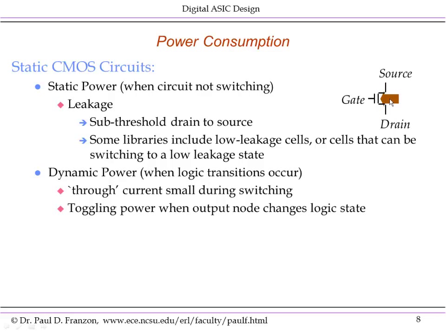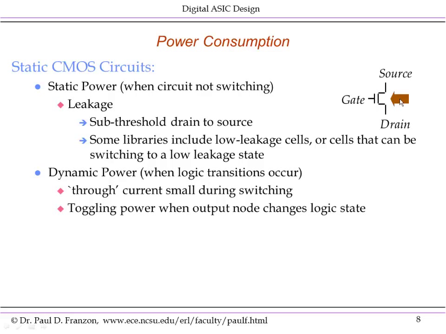And even when the gate is off, there is a DC current between the drain and the source because today's transistors are so small. It's impossible to physically completely turn off the channel into being strongly off.